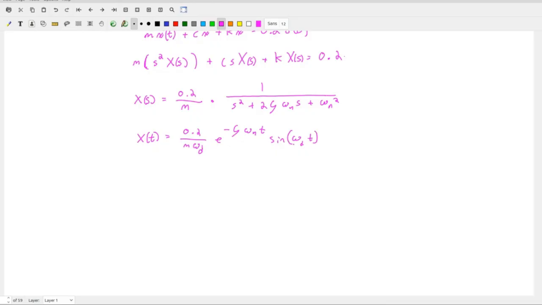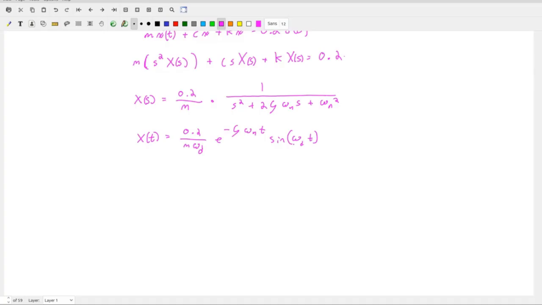The only difference is that before we had 1 over m omega d, and now we have 0.2. You didn't have to walk through all those steps, but I think it's helpful to show you that you can if you want to back some stuff up.